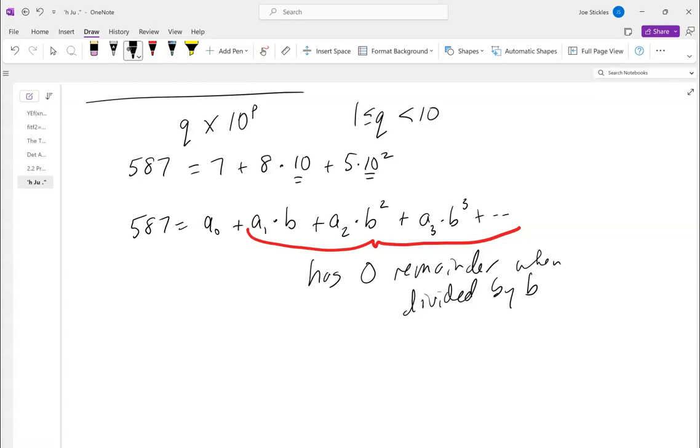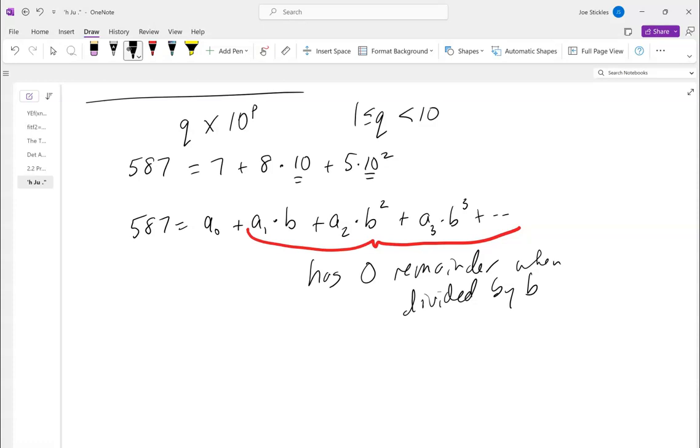Right? So if you divide the entire right-hand side by B, what does the remainder have to be? The A0 part, right? The remainder is just the A0, because I'm looking at just remainders, the whole number part. As a fraction, it would be A0 over B, that would be the fractional part, but the remainder is A0.